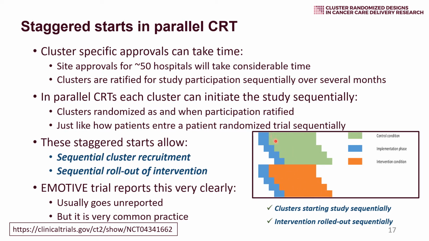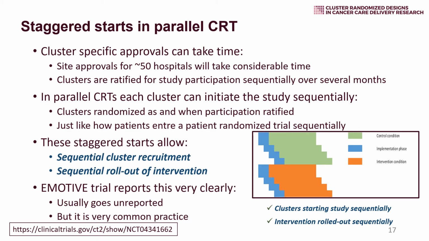And these steps here represent the sequential and staggered allocation of the clusters into control or intervention condition. And the blue represents some sort of transition or embedding phase when the intervention is embedded into those clusters. So clusters start the study sequentially, and the intervention is rolled out sequentially across the different clusters.